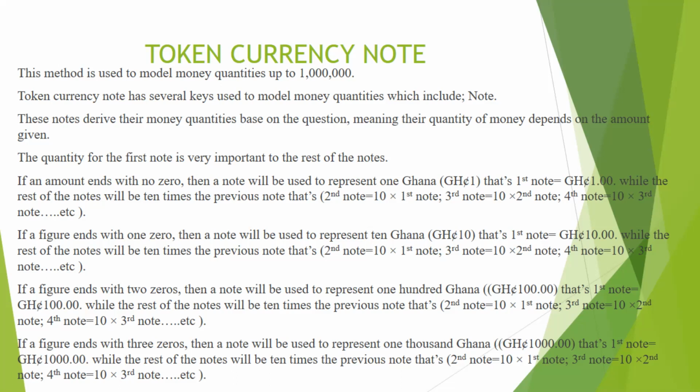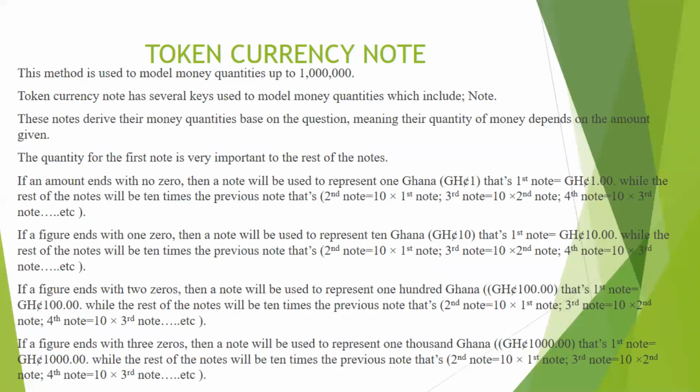Now, if a figure ends with 2 zeros, then a note will be issued to represent 100 Ghana cedis, and that is the first note. The second note will be 10 times the 100 Ghana cedis, in that order.